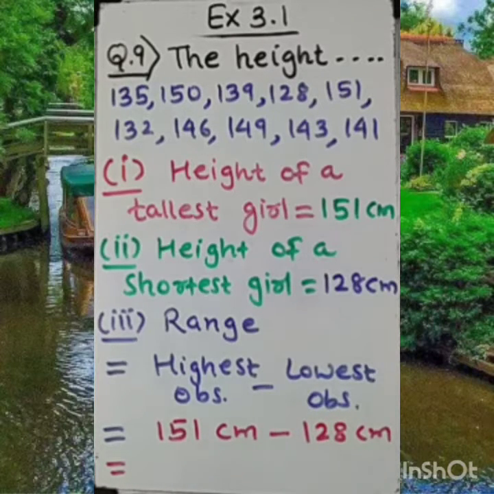So dear student, if we subtract 128 centimeter from 151, then what will be the result? That is 23 centimeter. So we can say that the range of the given data is 23 centimeter. Got it?